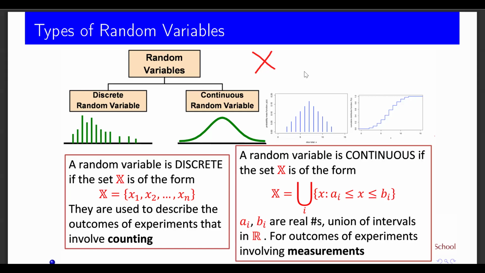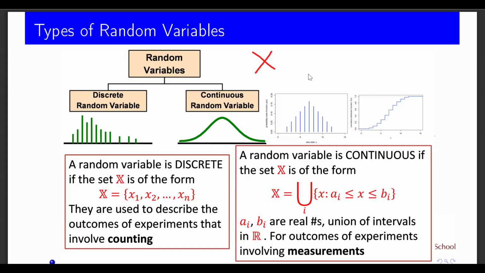Discrete values are those ones that you can count, the countable ones, and then the continuous are the ones you can pick in a range. Give me an example.